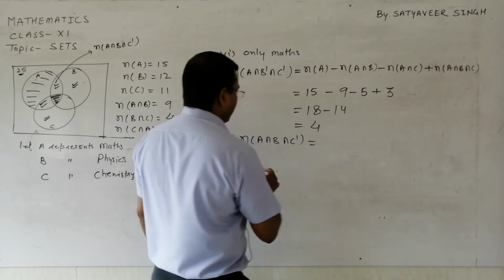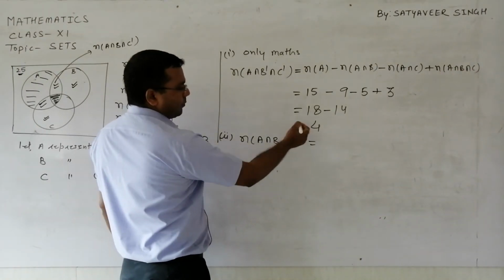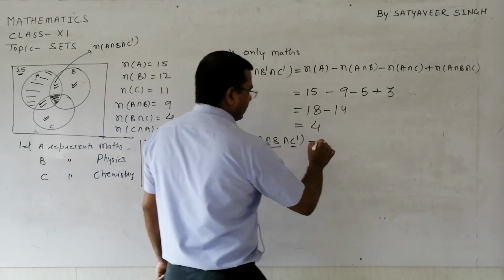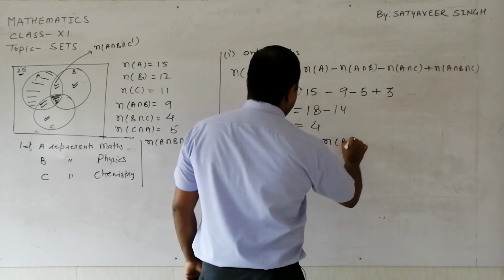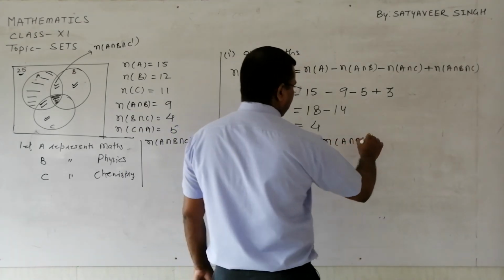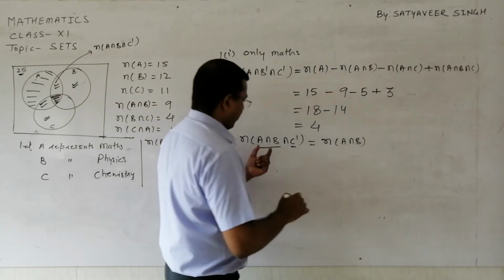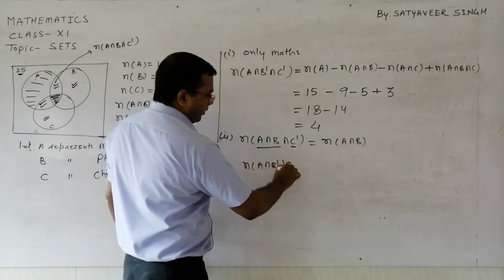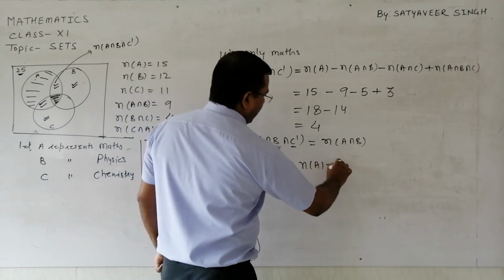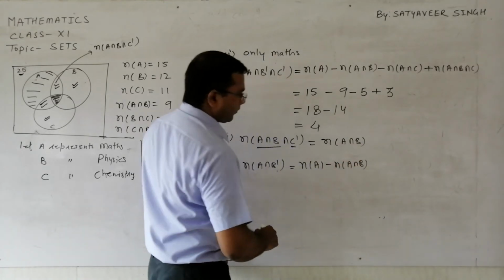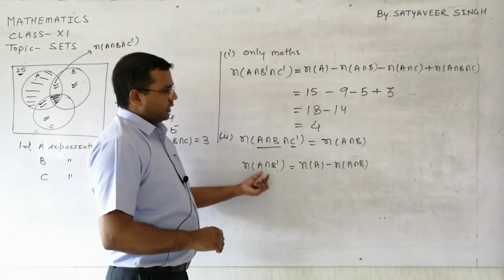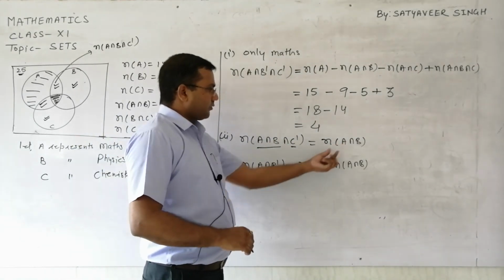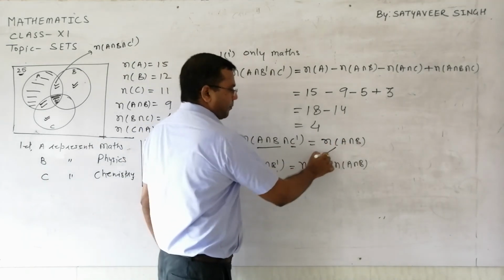You can say A intersection B complement, this you can assume A, and this you can assume B. So you can write this, it is A intersection B. If you explain A intersection B complement, it is basically A minus A intersection B. So if I apply the same formula here, you can compare this.